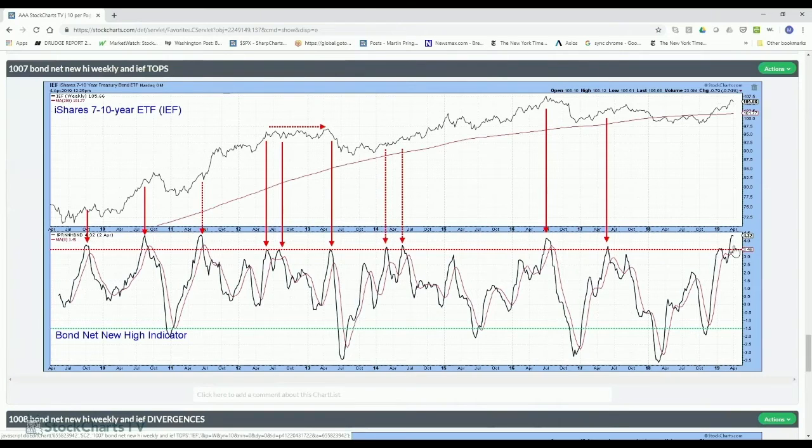So on the one hand, you can say that this is overbought, and we should expect to see a correction. But on the other hand, it's a signal of a correction within a bull market, so it doesn't have as much power. Basically, it's more of a signal for traders than it is for investors, because investors don't want to get out of this until we see some kind of long-term signal on the sell side.